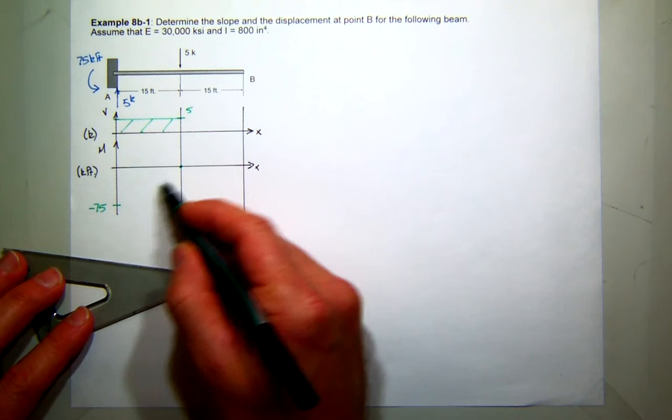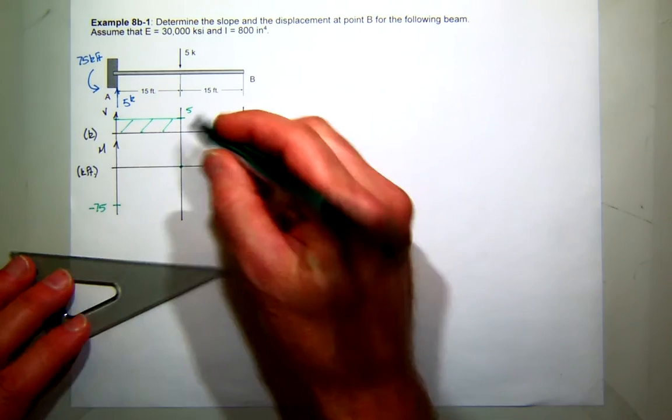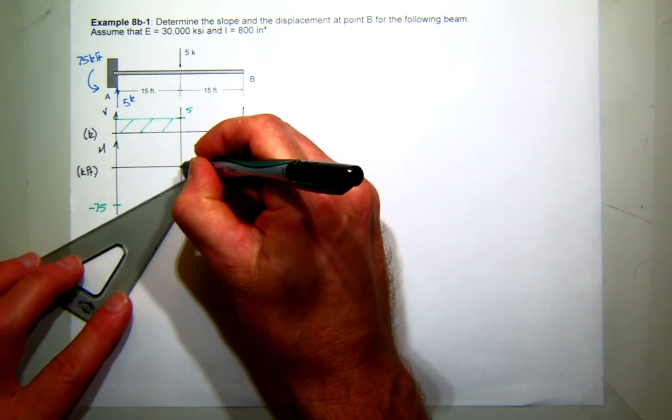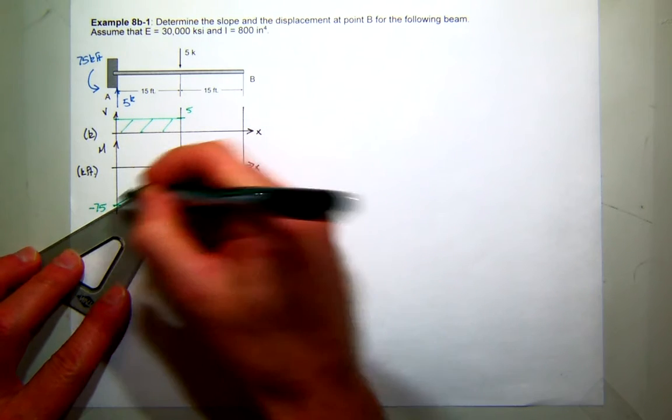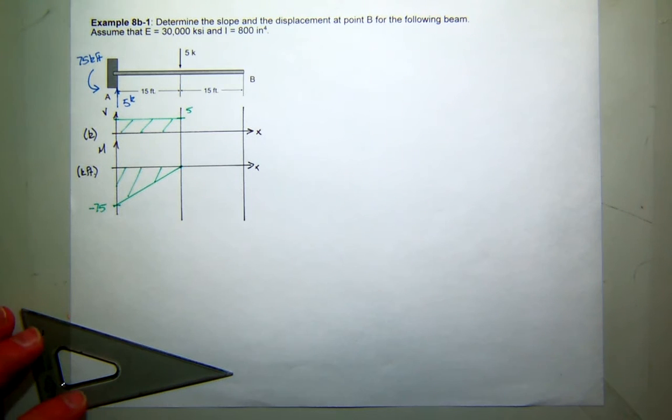The slope of the moment diagram is the value of the shear. The shear is constant, so we have a constant slope, and it's positive 5. So there's my moment diagram. My moment is negative, so when I apply it as load to my conjugate beam, I'll apply it as a negative load.